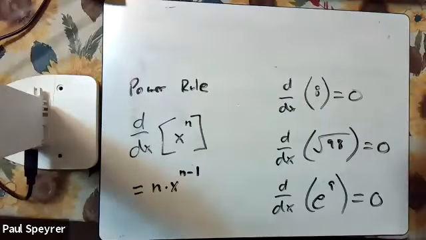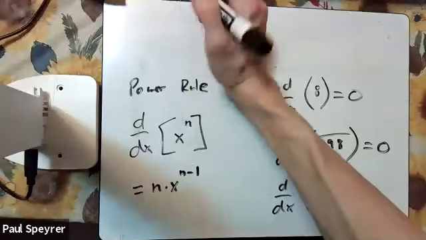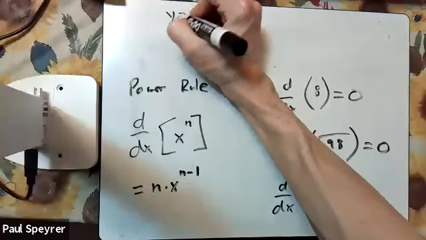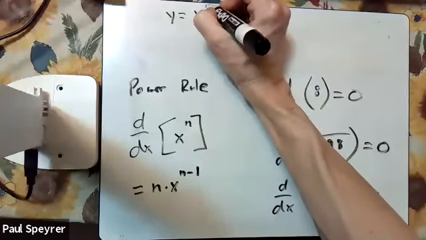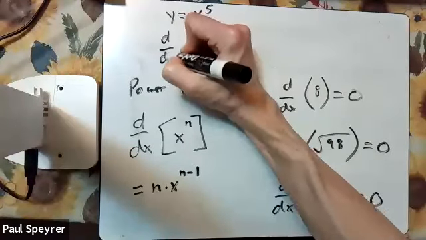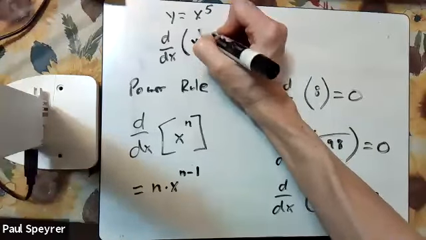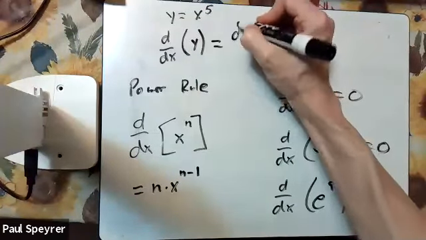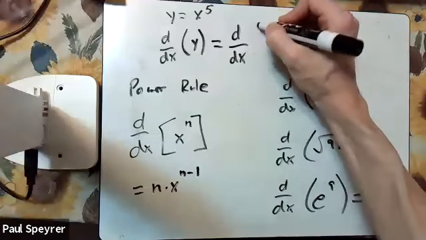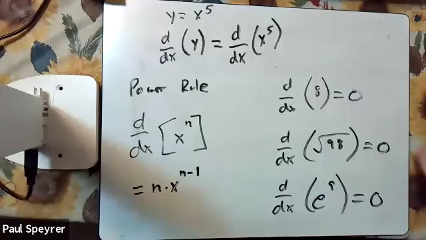So, like, if we had, say, y equals x to the 5th power, and we wanted to find d/dx of this. So how do we do that?